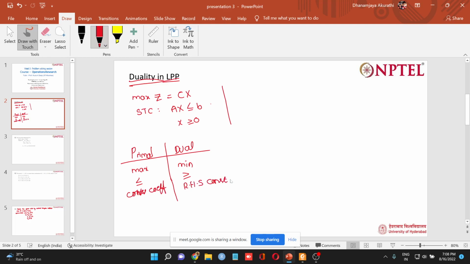And the constraint coefficients involved in the primal problem: the columns in the primal problem become the row constraints in the dual problem. Column constraints change into row constraints in the dual problem.